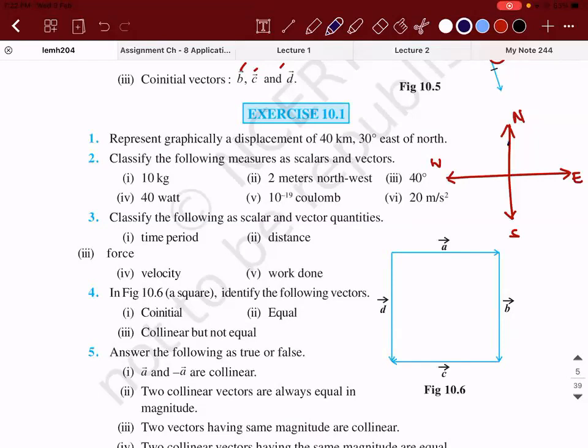So I'll start from north. And from north, I should take a turn of how much? 30 degrees towards east. So 30 degrees means this is the thing. On this line, I need to consider a line segment whose distance is 40 kilometers.